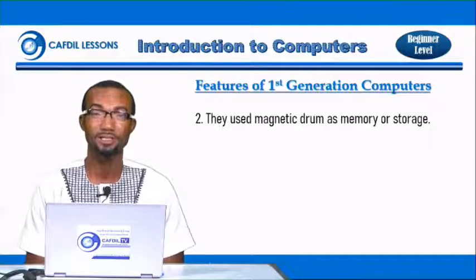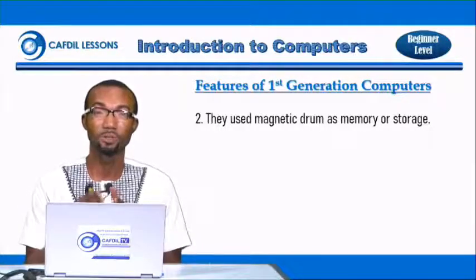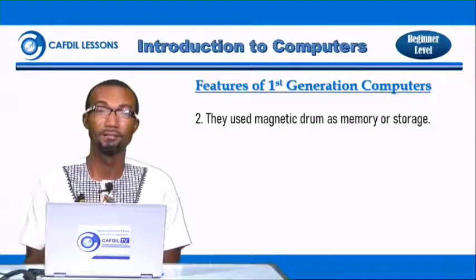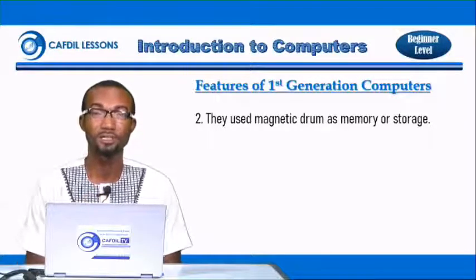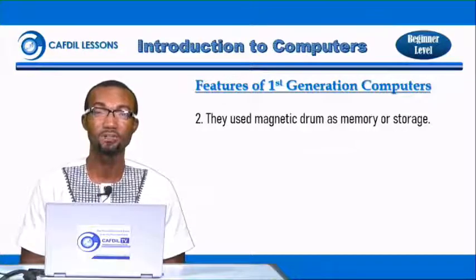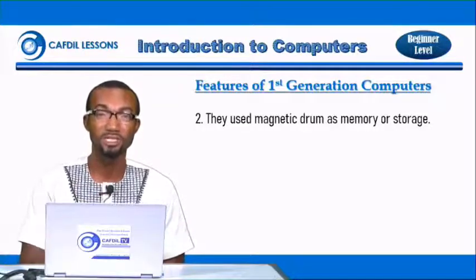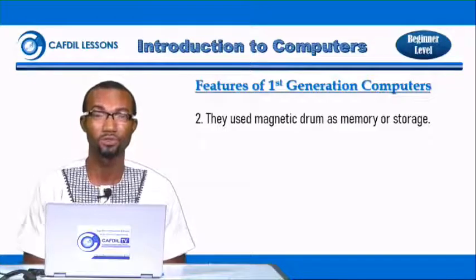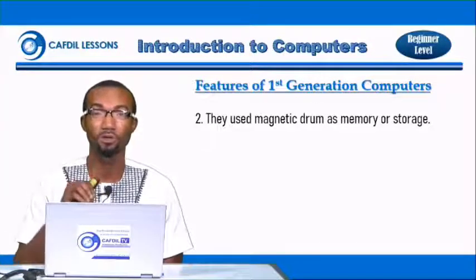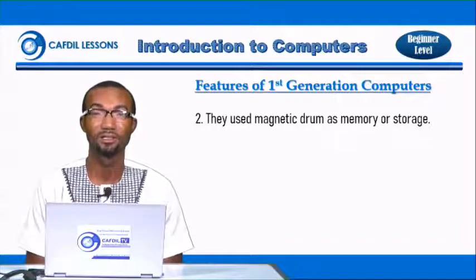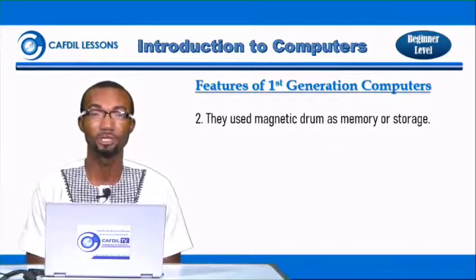In the first lesson, when we were treating the functions performed by a computer, or when we looked at the definition of computer, we said they store data for immediate or later use. So every computer comes with a memory or a storage media that stores data or information.